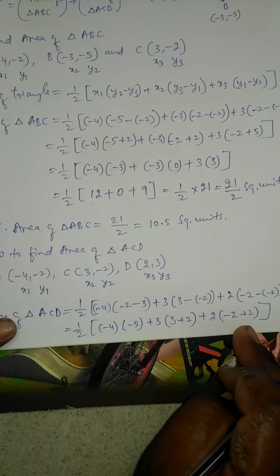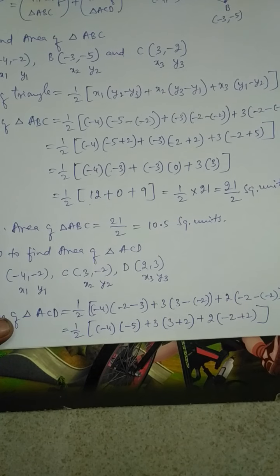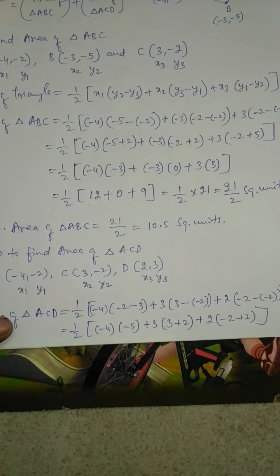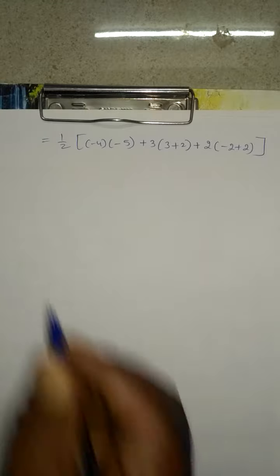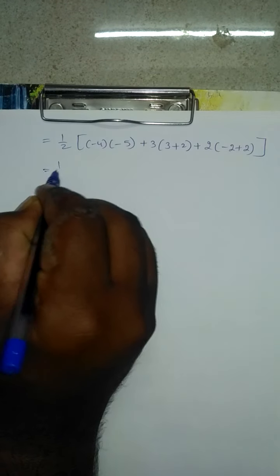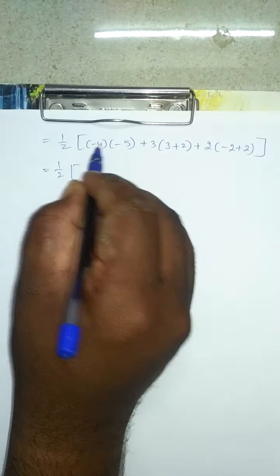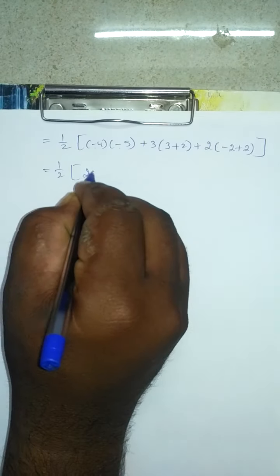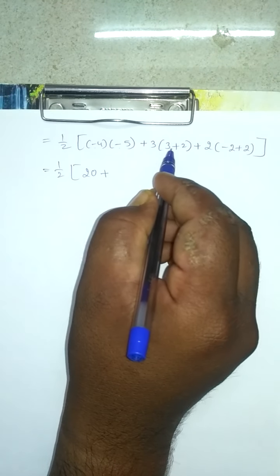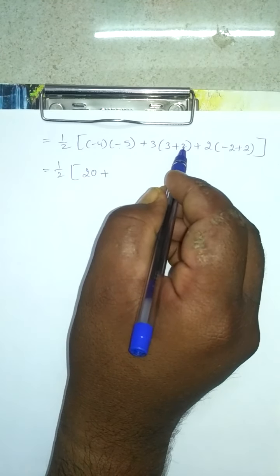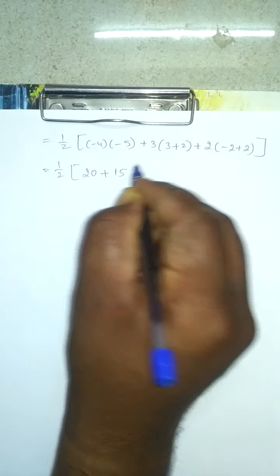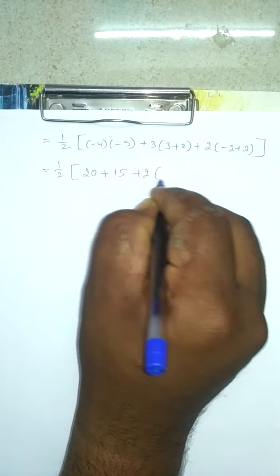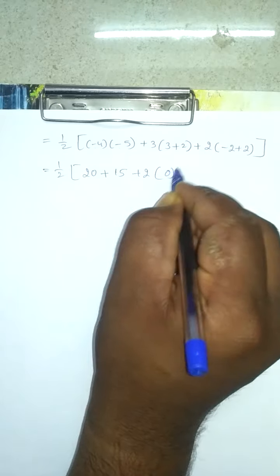Now we have to simplify this to get the result. So this is half I wrote as it is. Here minus into minus plus 4 5s are 20, plus here 3 plus 2 is 5, 5 3s are 15, plus this 2 I wrote as it is, minus 2 plus 2 is 0.